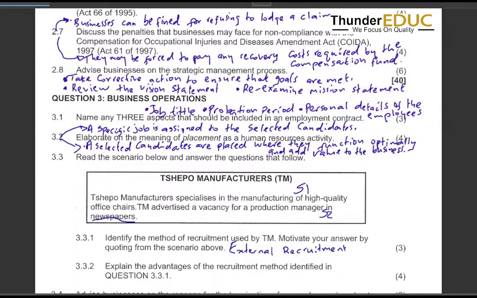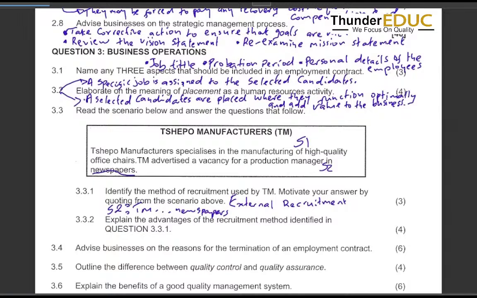So sentence 2, remember you must write it in full. You are saying that TM advertised a vacancy for a production manager in a newspaper. Remember, I told you that you shouldn't actually write sentences as 1, as 2. You should write those sentences in full.